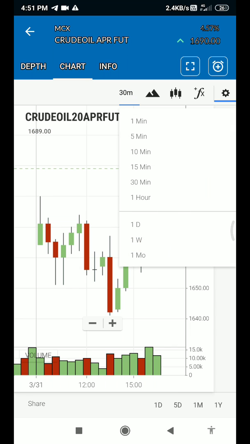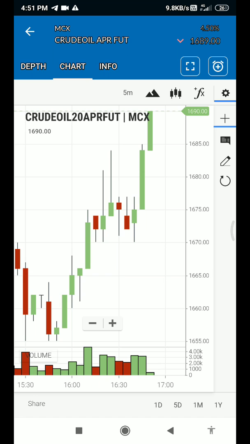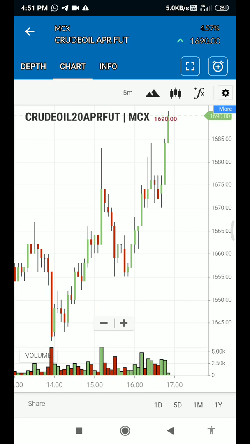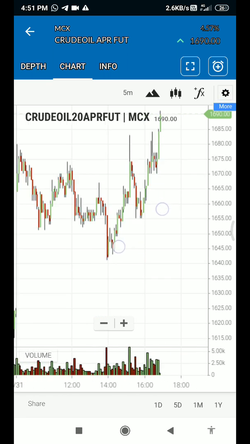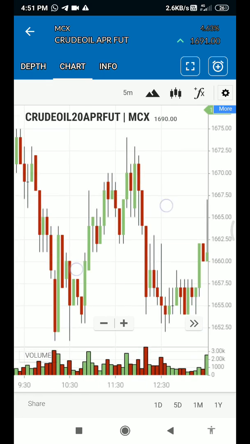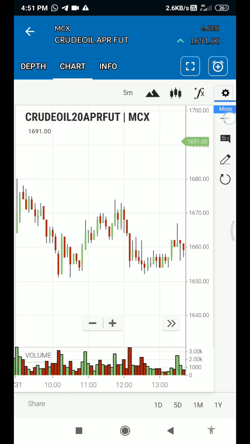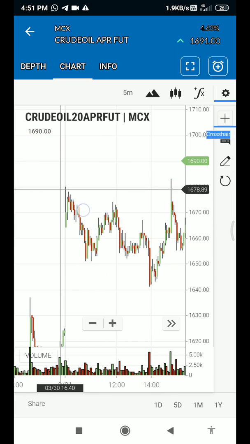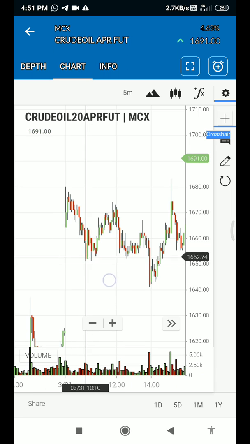So we have to switch on to 5 minutes time frame for better understanding. In 5 minutes you will find it a little interesting. Now you find it interesting, let me explain it to you. Here the market has started, it has formed low.